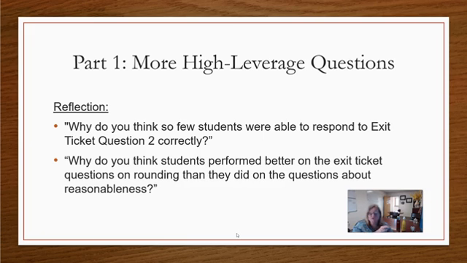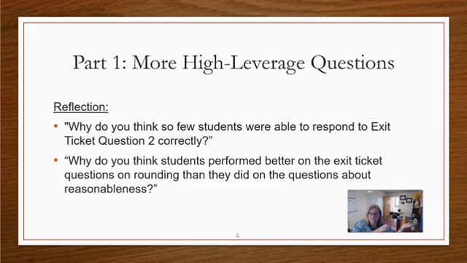And then why do you think students perform better on the exit ticket questions on rounding, which is one I just made up, than they did on the questions about reasonableness? And the reason I made this question up is in some cases, you see that students perform better on the lower level cognitive task than they did on the higher level cognitive task, or the lower level standard.